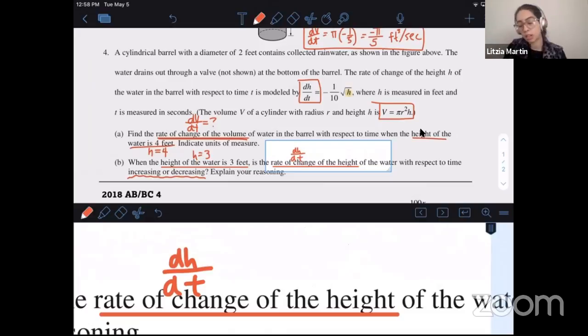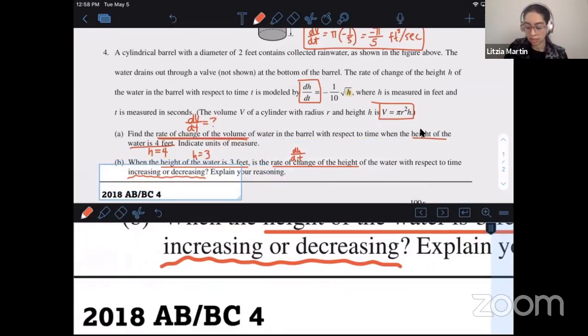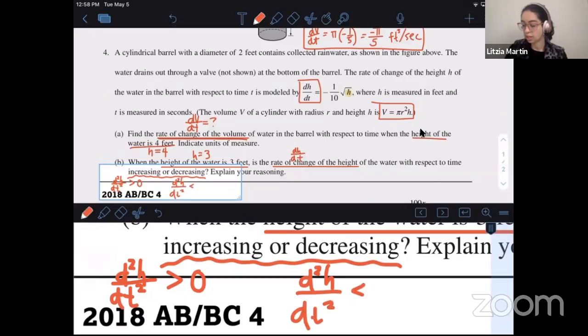The rate. So this would mean the second derivative of h is either positive, greater than 0, or the second derivative of h is negative, less than 0.